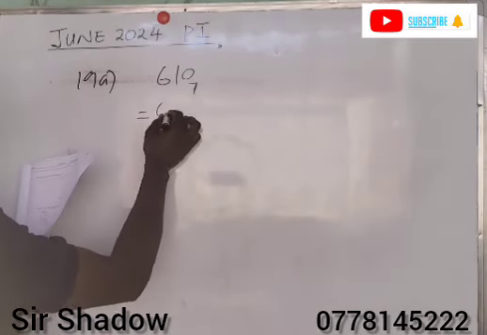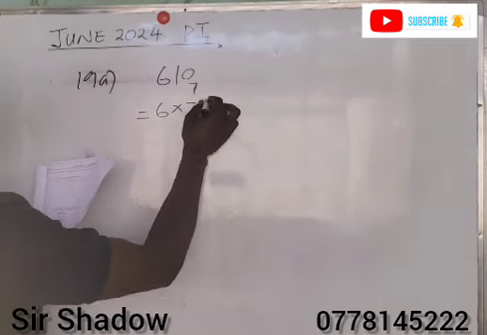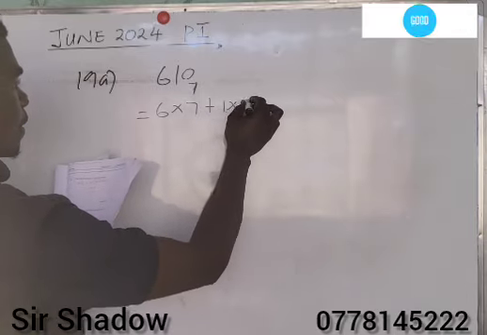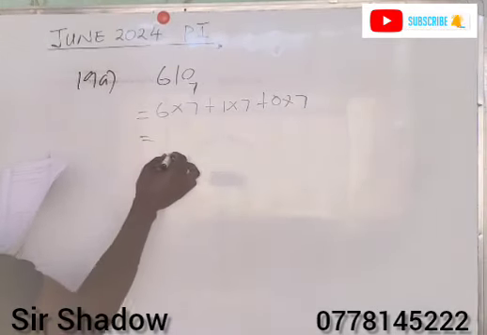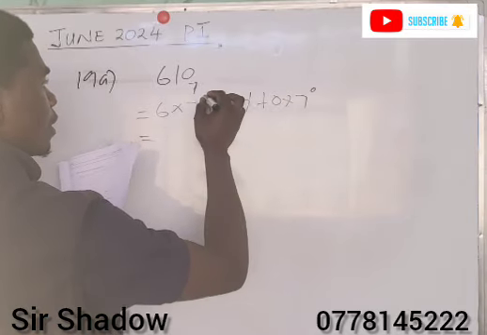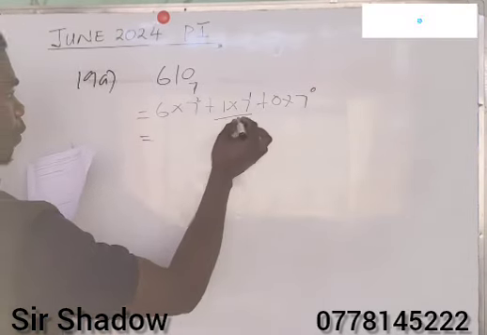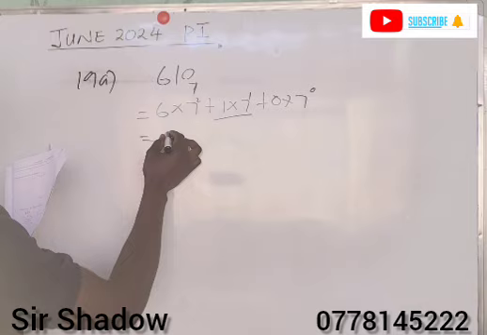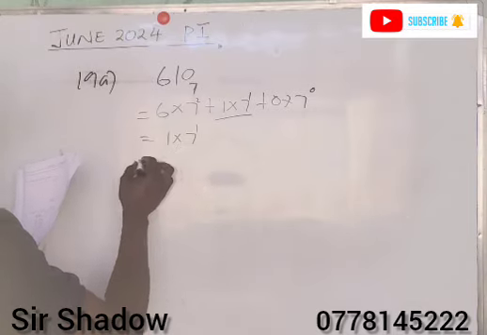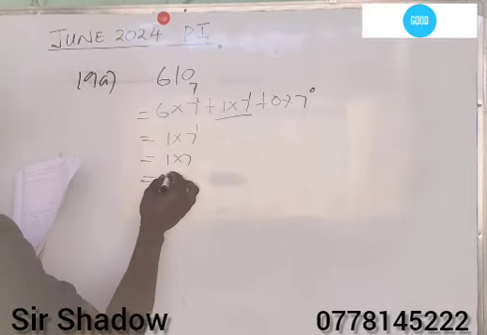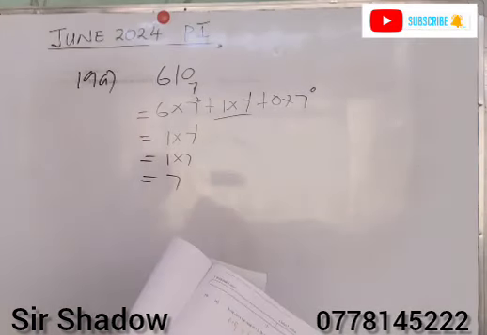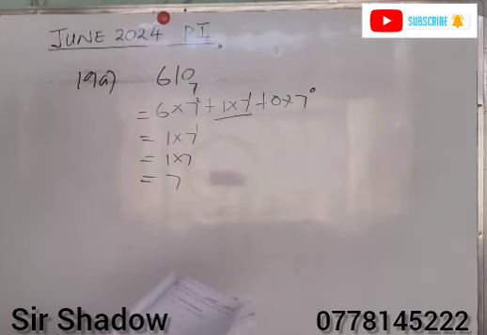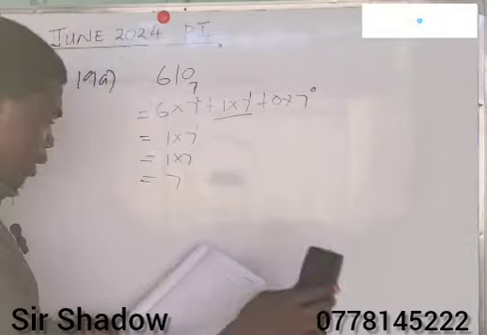This equals 6 times 7 squared plus 1 times 7 plus 0 times 7 to the power 0. So we want to find the value of a, which is 1 times 7 to the power 1. This equals 1 times 7, meaning that the value of a from this condition is 7. Then 19b.